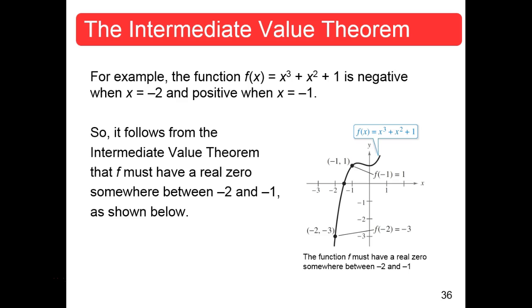So here at this point, we start guessing. It follows from the intermediate value theorem that f must have a real 0 somewhere between negative 2 and negative 1. Now, it says it's shown below, but it's over there. In the book, it's kind of below.